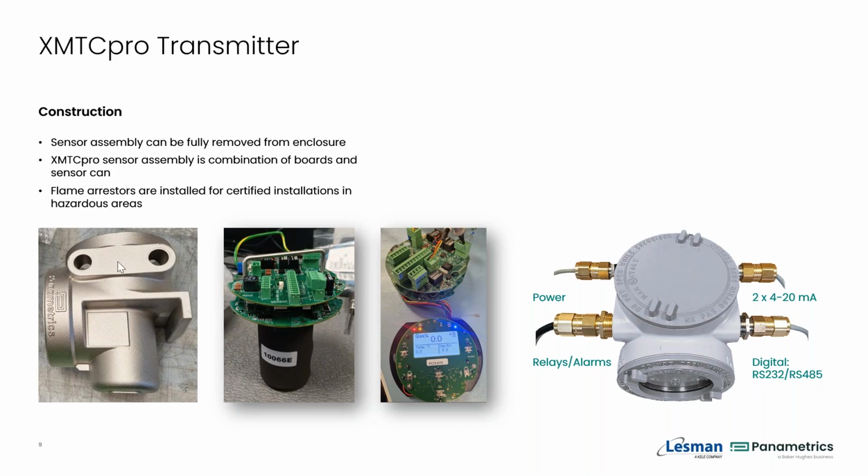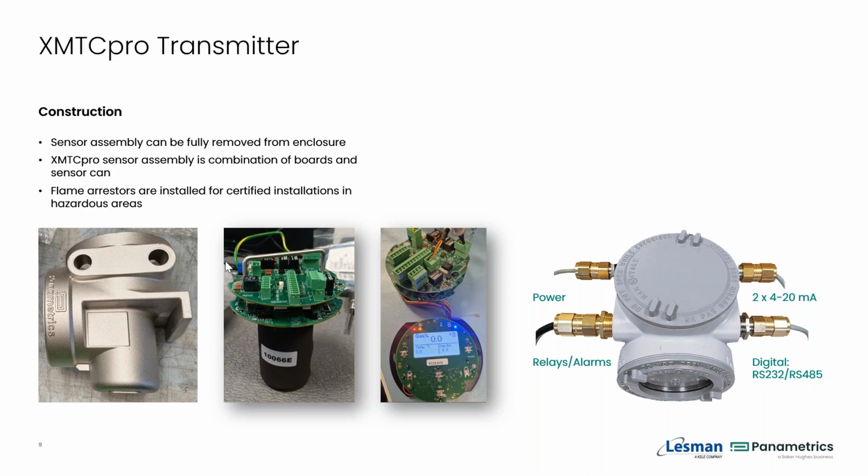So if you were to open the top case here, you can pull the electronics and the measurement cell out as a complete assembly. And this shows you if you were to take the display off and where that comes into play here also. So all of these interconnect inside the explosion-proof enclosure here.